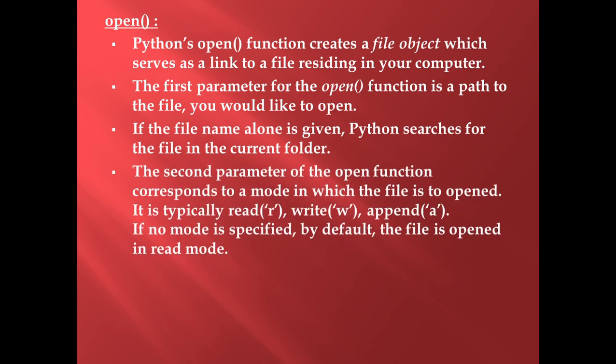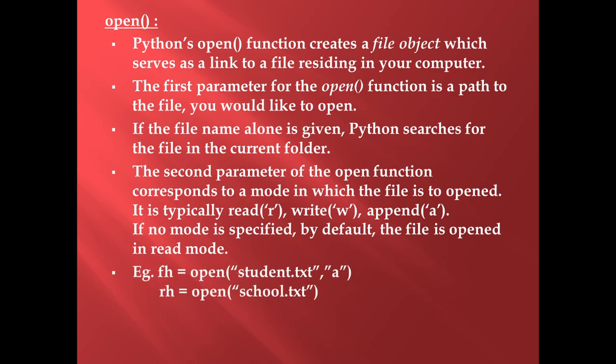The second parameter of the open function tells the mode in which the file is to be opened. We usually open the file in read mode, write mode, or append mode. If no mode is specified by the user, Python will open in read mode by default.